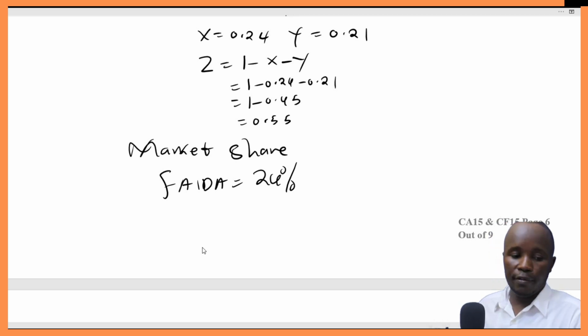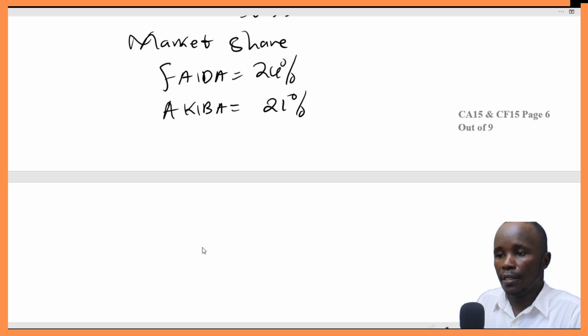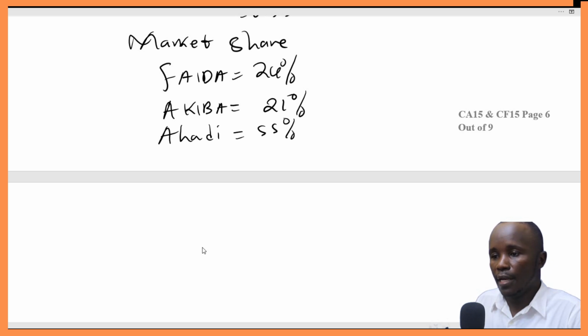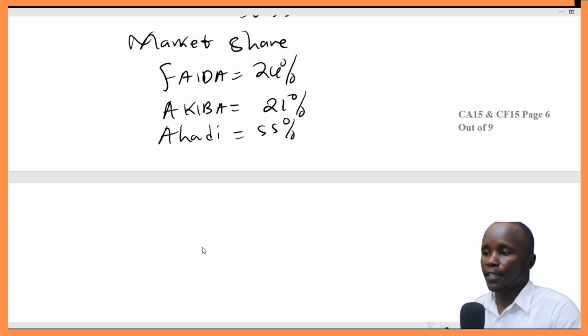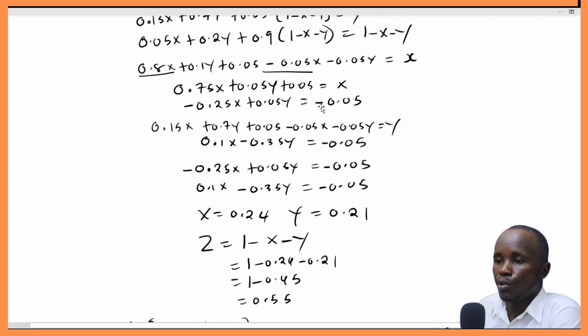Then we have akiba, which is y, which is 21%. And finally, we have ahadi, which is 55%. As I mentioned, and I emphasize that in the first question, this percentage should add up to 100, and the probability should add up to 1.